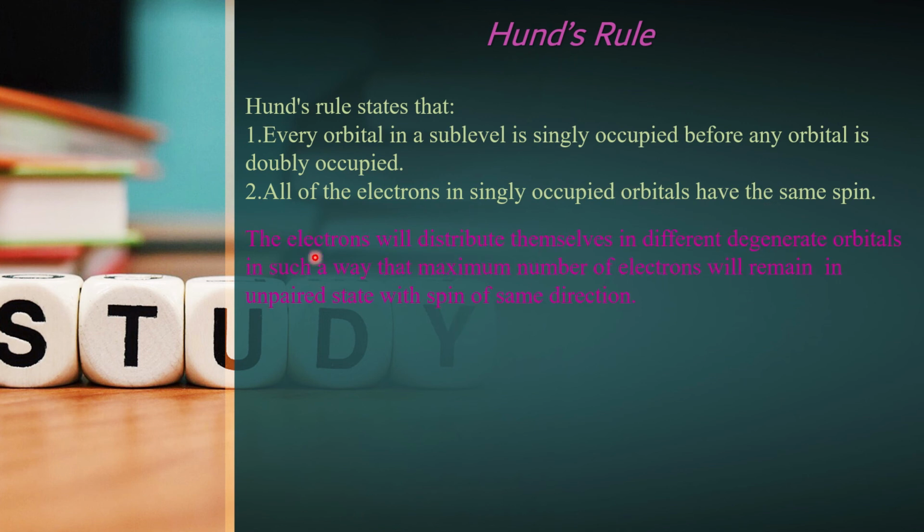So, from Hund's rule, we can say that the electrons will distribute themselves in different degenerate orbitals in such a way that the maximum number of electrons will remain in an unpaired state with spin of the same direction.